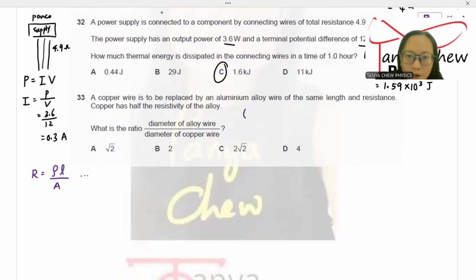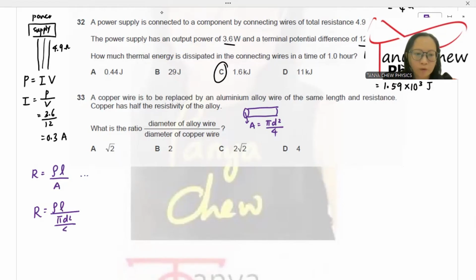So remember, the cross-sectional area of the wire is equal to pi d squared over 4. I just sub into this equation: R is equal to rho L over pi d squared over 4.